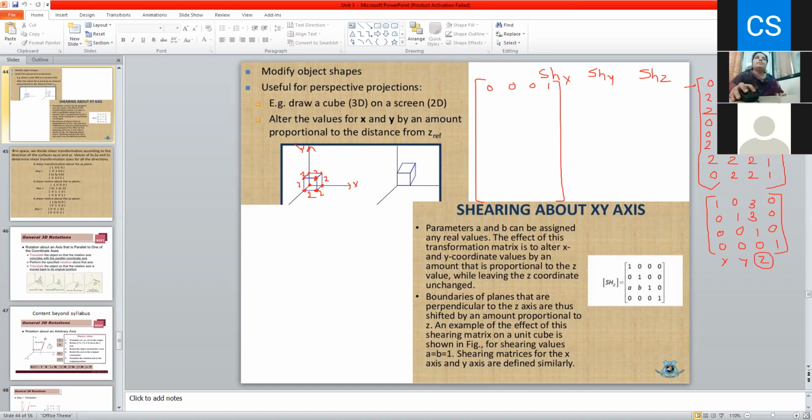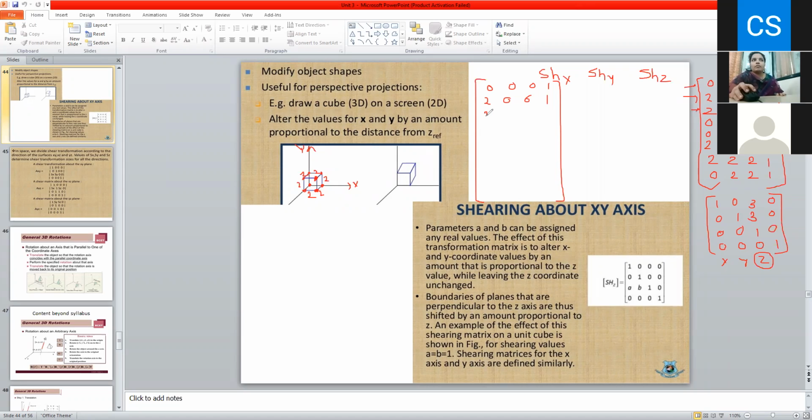Next is the second row and first column. So 2 into 1, 2, remaining all zeros. So 2 remains as it is. Then second row, second column, 0. Then second row, third column is 2 into 3, 6. So here it is 0, here it is 6 and 1. Then third row, we will take third row and first column.